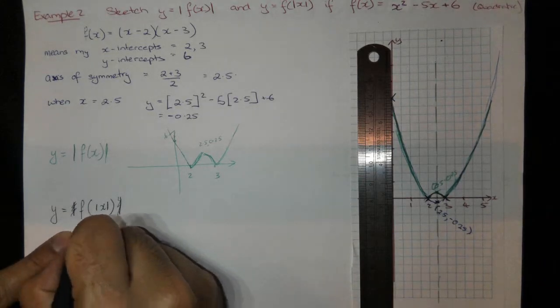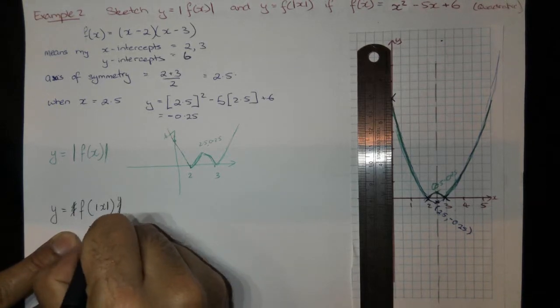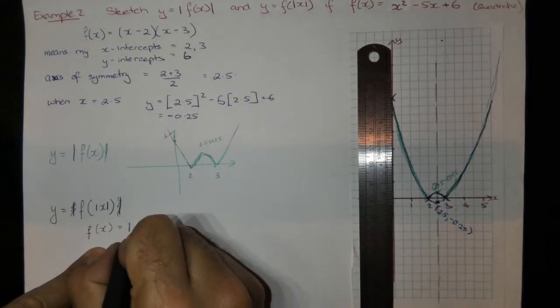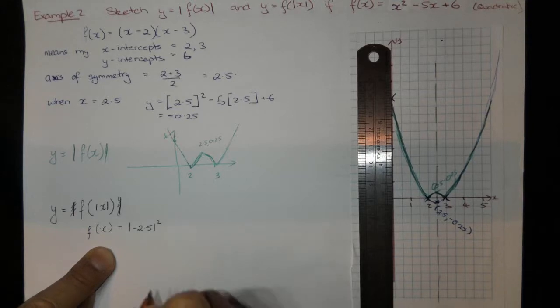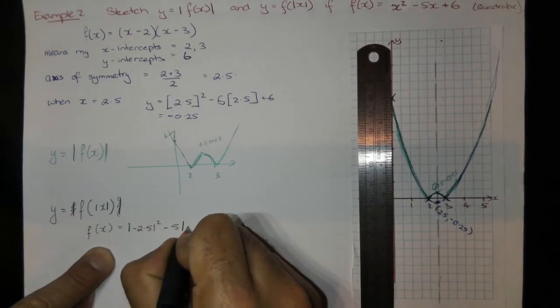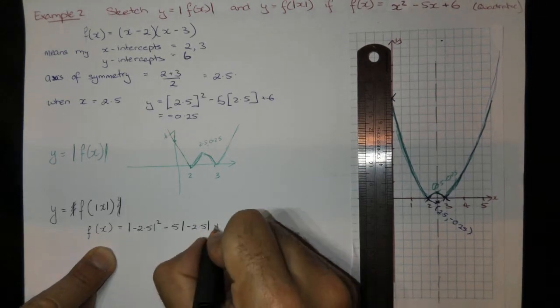So if we think of f of x equals negative 2.5 squared minus 5 lots of negative 2.5 plus 6.